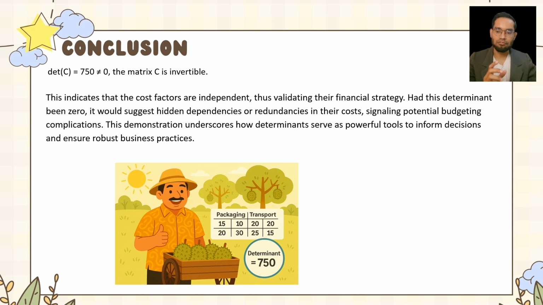For example, if determinant C had been 0, it would indicate overlapping or redundant cost factors, requiring a review of the cost estimates. By this, we complete our step-by-step demonstration of computing and interpreting determinants for practical applications in real case studies. So that's all for today, folks. We will meet again in the next video.